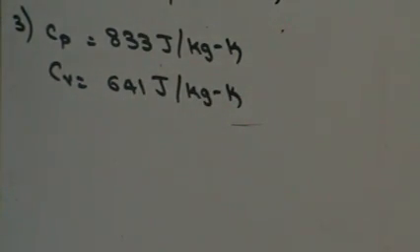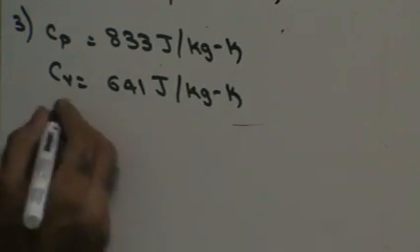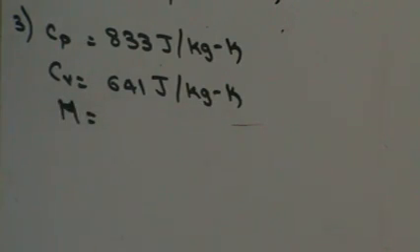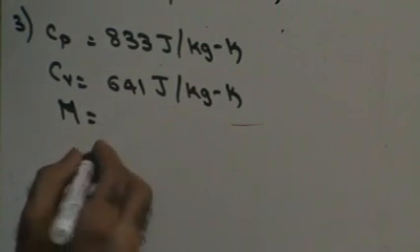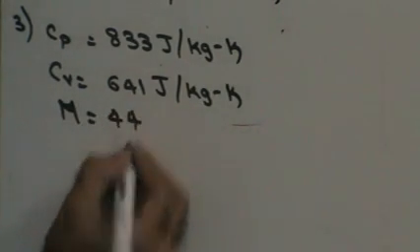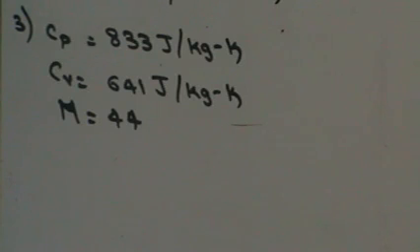Find universal gas constant if the molecular weight of carbon dioxide is 44.